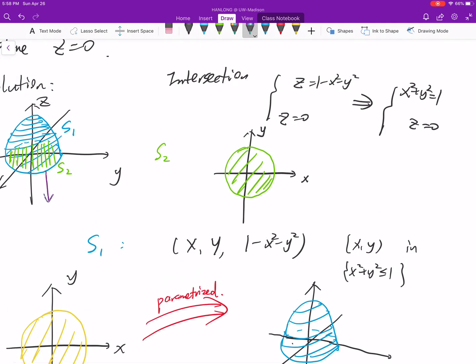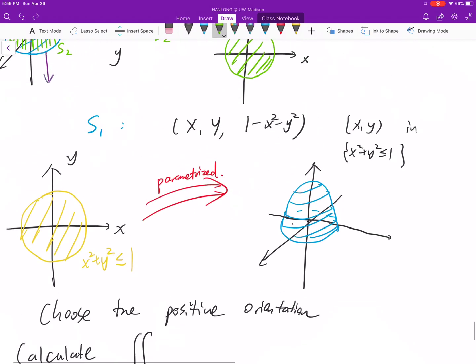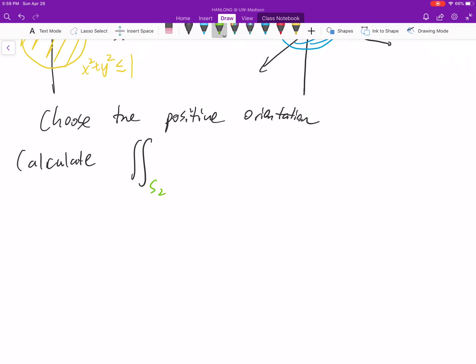And then for S1, the orientation goes outwards. Okay, so we first calculate the surface integral over S2, f dot dS. Here you have orientation.